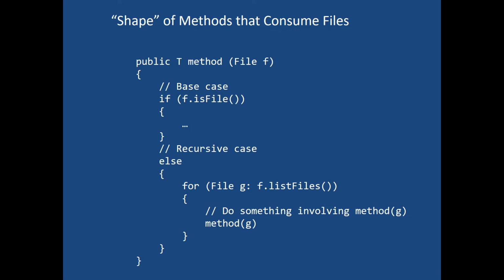So if it's a document, that's the base case, and you answer the question directly about it. Otherwise, the recursive case: you have to have a loop that looks at everything the folder contains. So f.listFiles will give you back an array of everything the folder contains. And then you have to make a recursive call on each thing. So you have to have a loop that makes recursive calls.